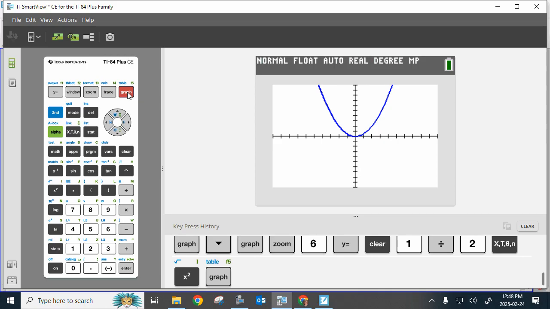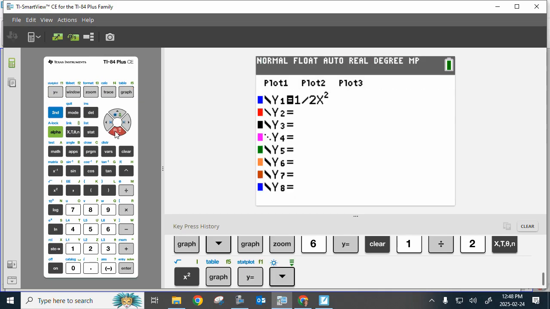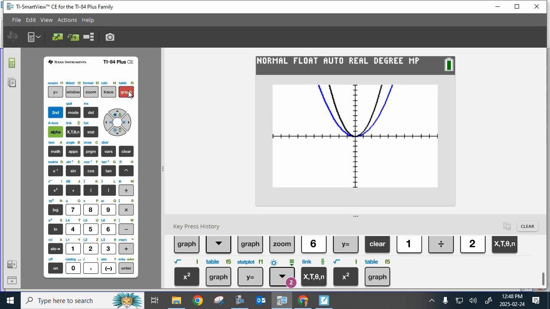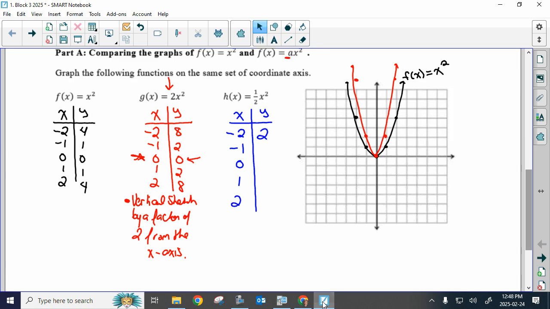Okay, if you compare it to the original, so I'll just do my original in black. So x squared. What happened? How would you describe the change that took place here? Did you guys see that it got wider? So the 1/2 in front of the x squared. What you guys did in grade 10 is you analyzed all the critical features of a linear function.